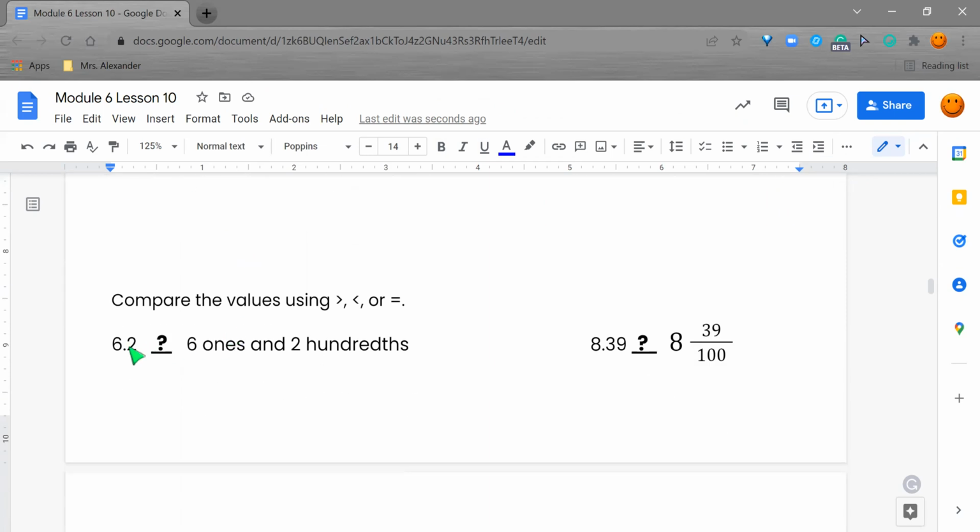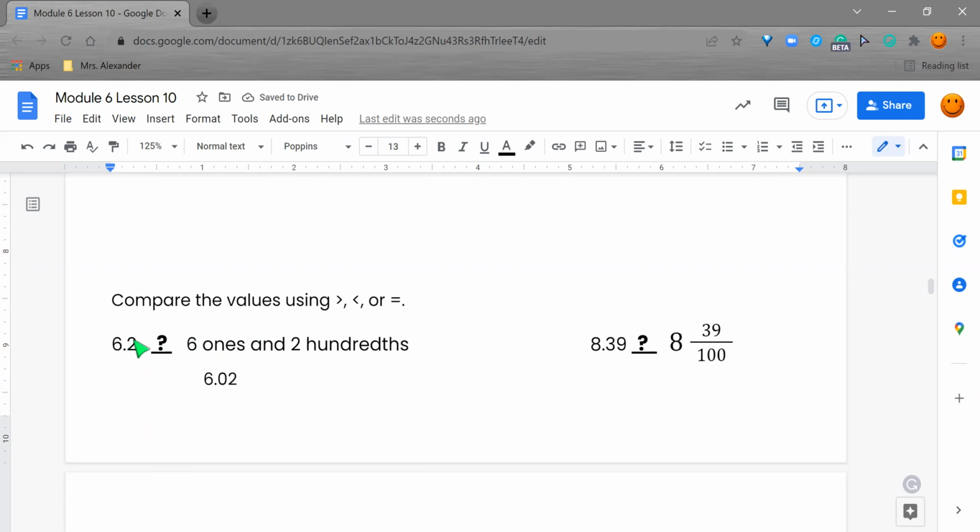So right here we have 6 and 2 tenths and 6 ones and 2 hundredths. So if you're not too sure, I'm going to make this a little smaller. 6 and 2 hundredths. So I'm going to go ahead and write it in decimal form. 6 and 2 hundredths. So hundredths is in the second spot after the decimal.